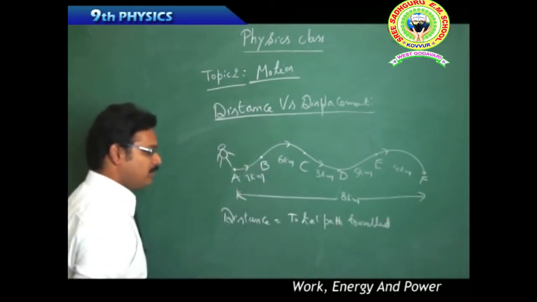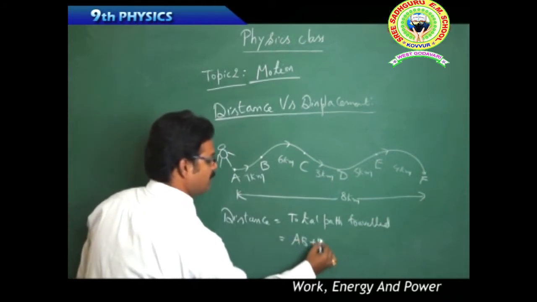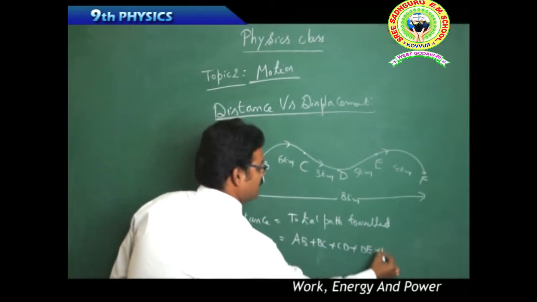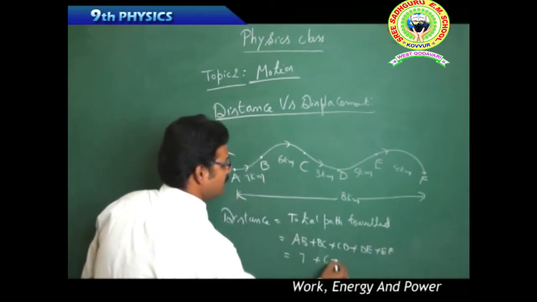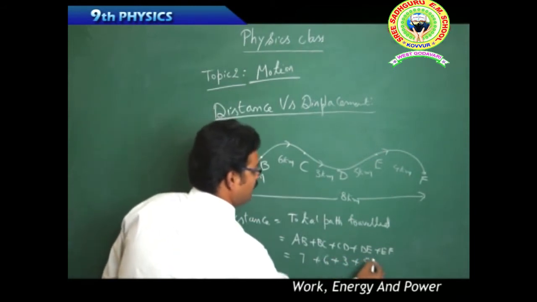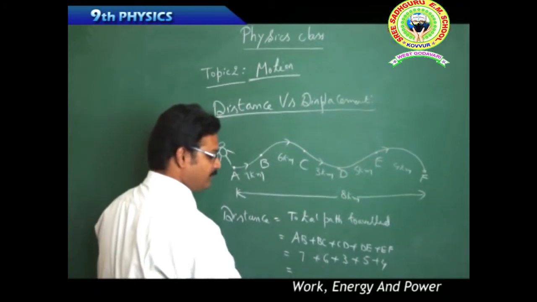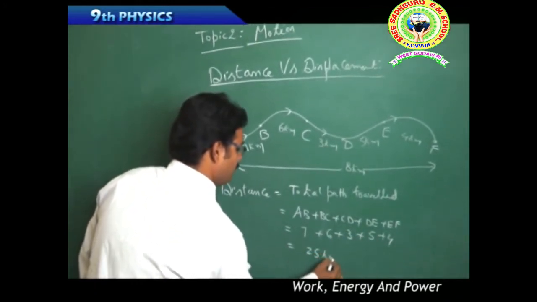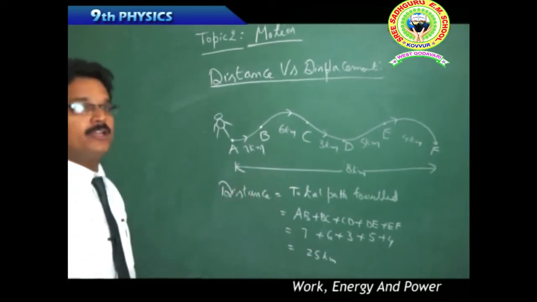So in this example, total path traveled means you have to take AB plus BC plus CD plus DE plus EF, and then it is 7 plus 6 plus 3 plus 5 plus 4. Now 7 plus 6 is 13, 16, 21, 25. So the total distance traveled by him is 25 kilometers, because you have to take the total path into consideration.